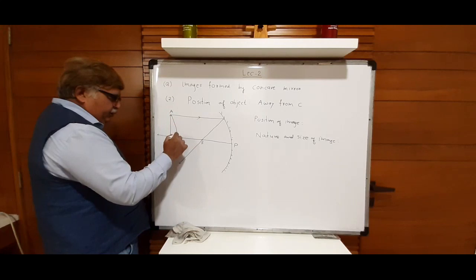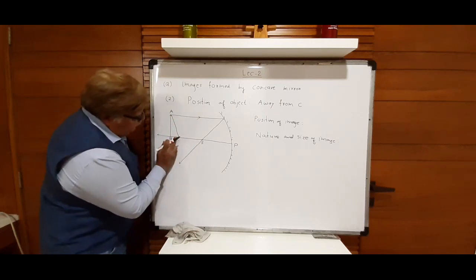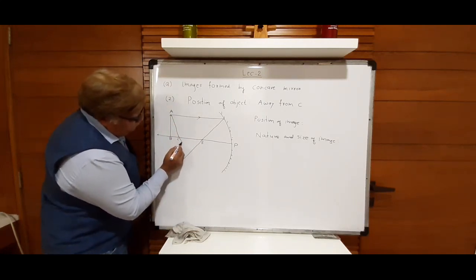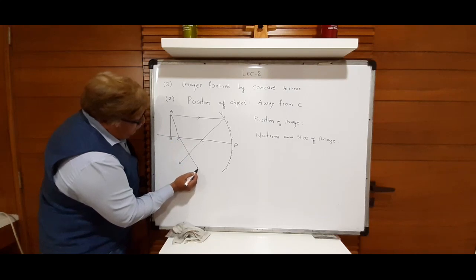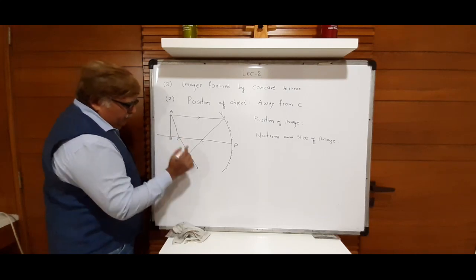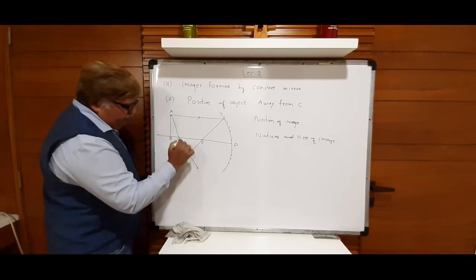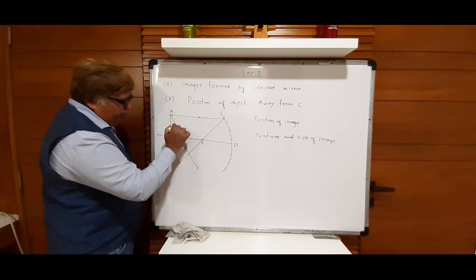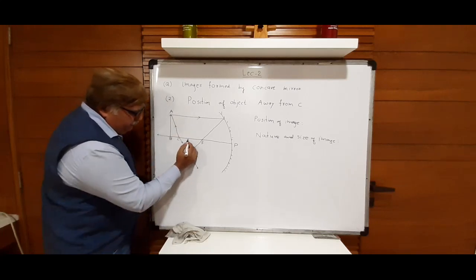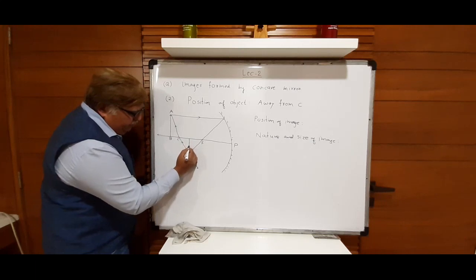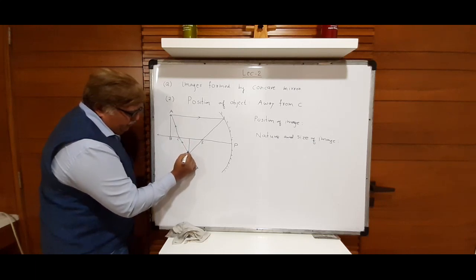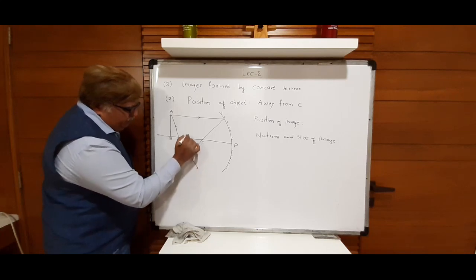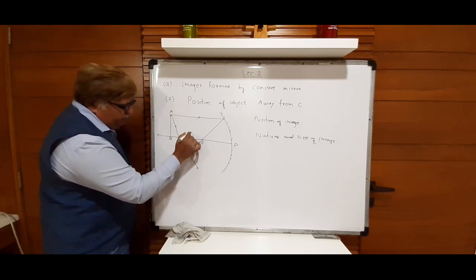Pass the ray through center of curvature. Okay. This ray which is passing through center of curvature will reflect in the same direction. Both the rays are meeting here. Here is the arrow. Here you write A dash, here you write B dash.